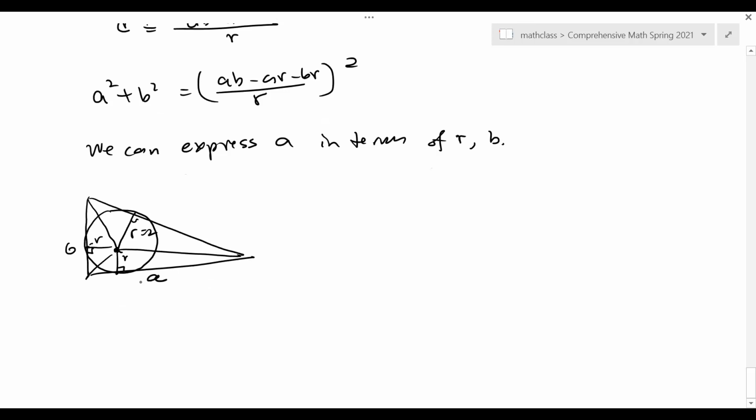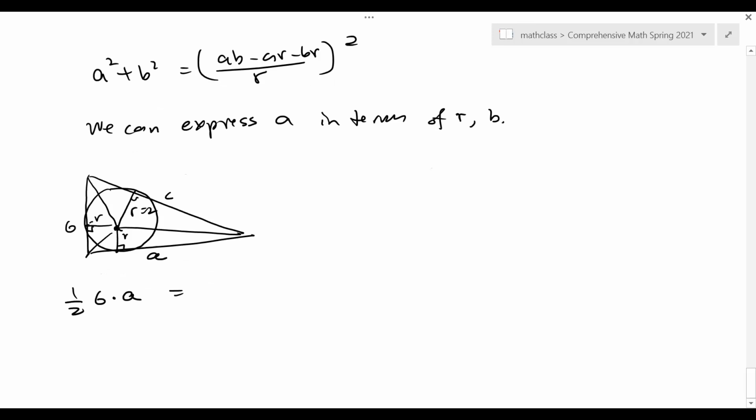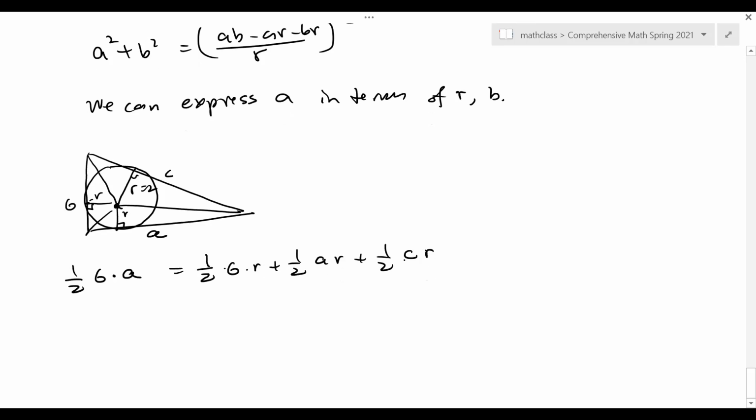If this side is A and this side is C, the area will be half of 6 times A. But this triangle is decomposed into three triangles already, so this will be half of 6 times R, half of A times R, half of C times R. Much easier, right? Now we cancel all the 1/2. So you get 6A equals 6R plus AR plus CR.